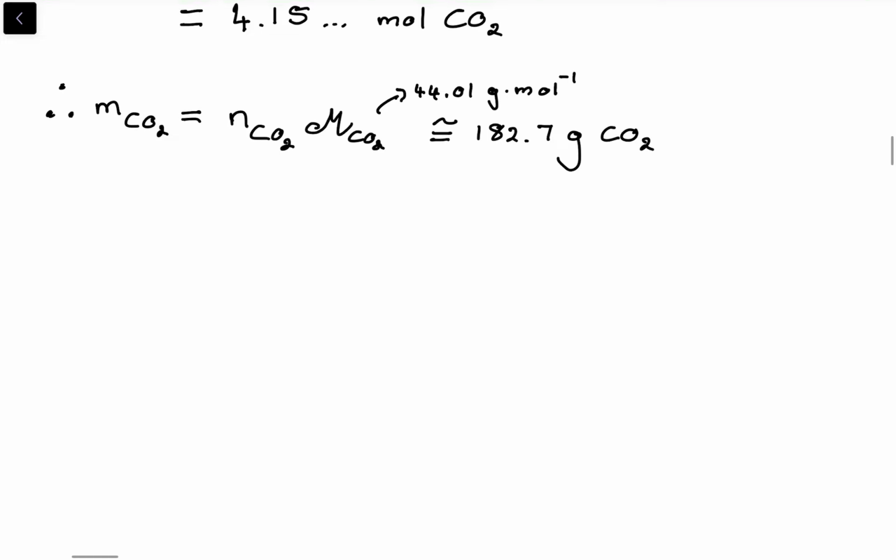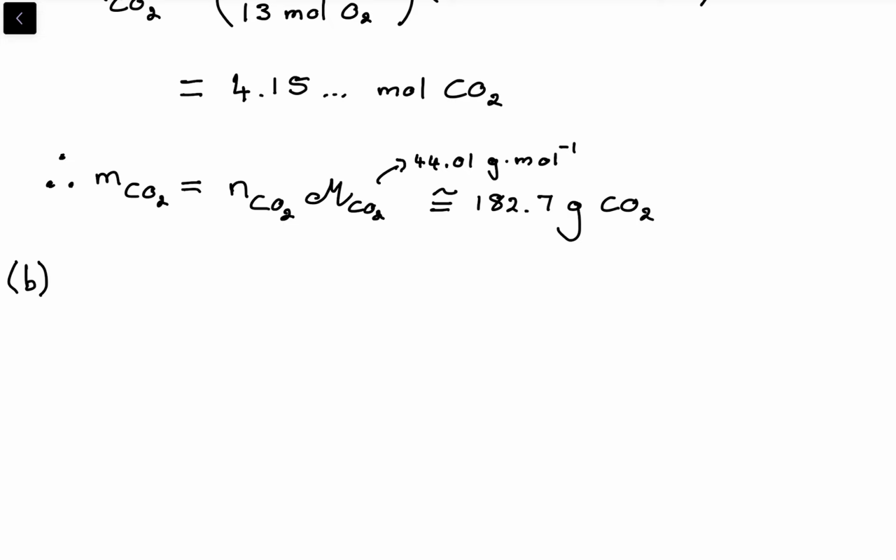What mass of excess reagent is left after the reaction is complete? So we said the excess reagent is the butane. So the question here is, with how much butane did this O2 react?